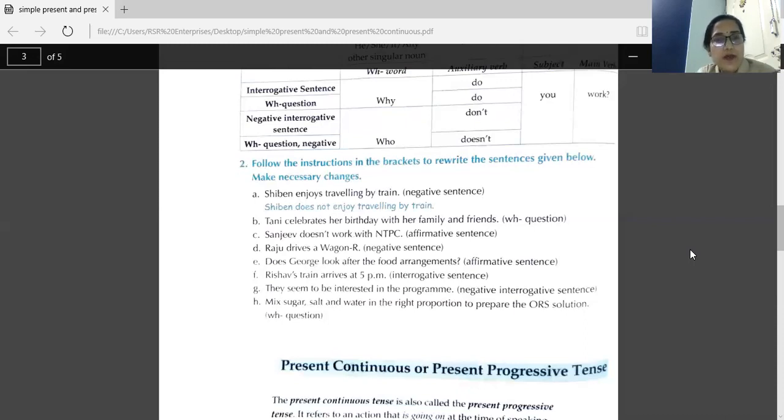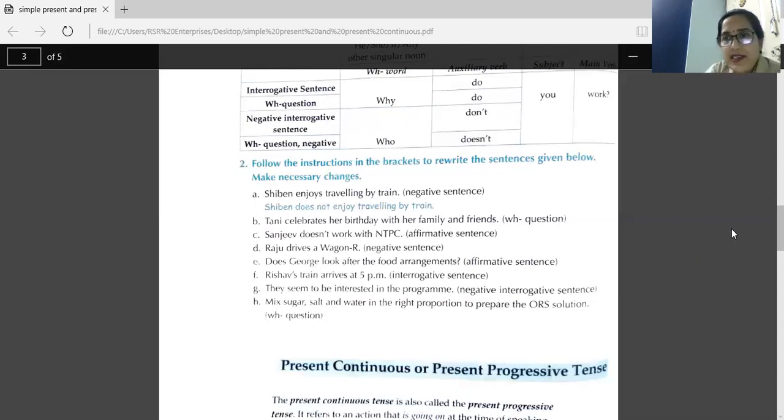Last one. Mix sugar, salt, and water in the right proportion to prepare the ORS solution. Here you have to use a WH word and make it a question. So your answer here is, what is the right proportion to prepare the ORS solution? Question mark.